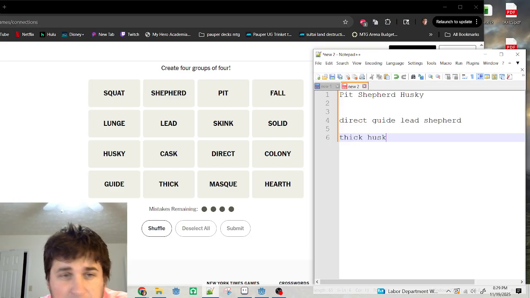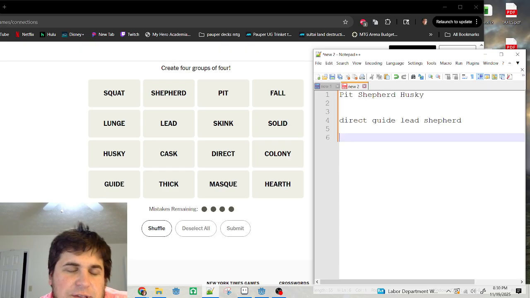Thick and husky. You can lunge. A lunge is a move. It's a type of maneuver. Oh, okay, wait. A lunge, a squat. None of the other ones really strike me as interesting.